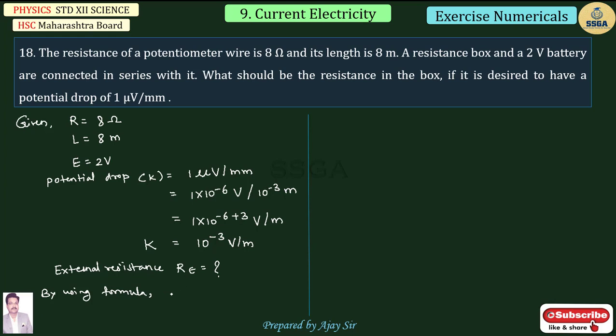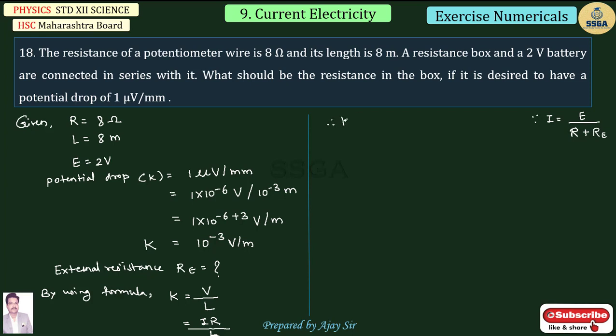K is equal to V by L. And we can write V equal to IR, that is I into R divided by L. Instead of I we can use I equal to E, that is the EMF, divided by the total resistance, which is the resistance of the wire plus the external resistance box. So this is the total resistance.